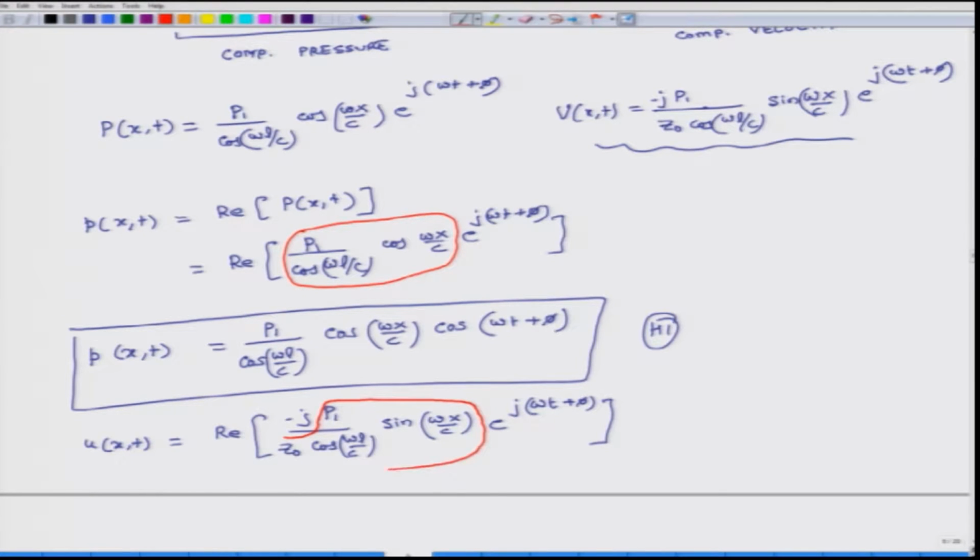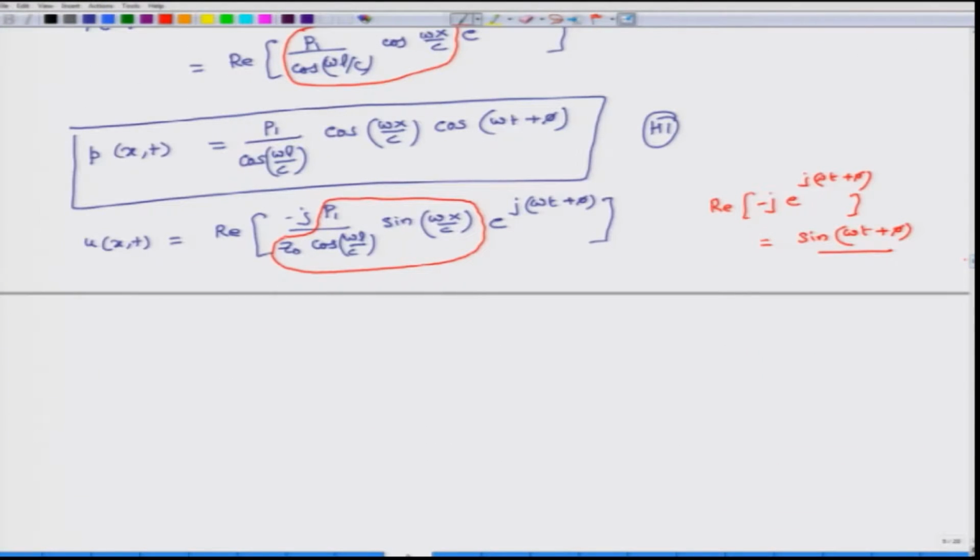This term in the red is real, and real of minus j e^(j(ωt+φ)) is equal to sin(ωt+φ), because e^(j(ωt+φ)) is cos(ωt+φ) plus j times sin(ωt+φ), and when I multiply all that by minus j, this is the term which becomes real and the other term becomes imaginary.